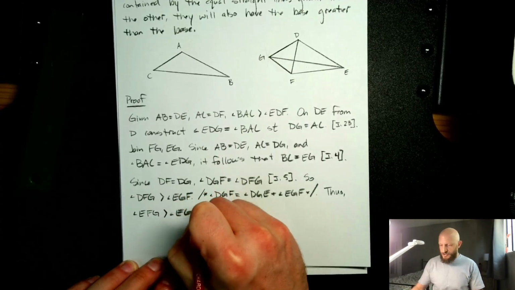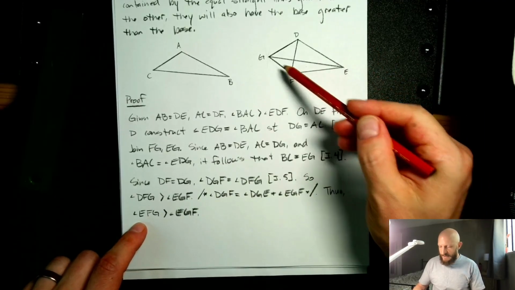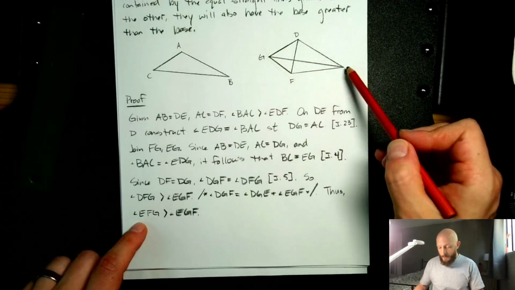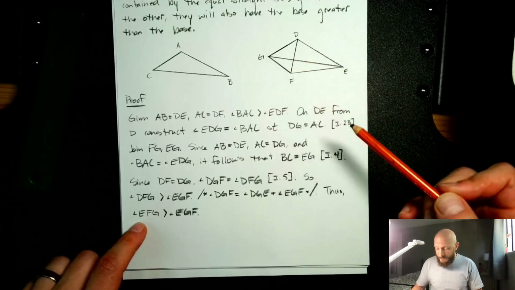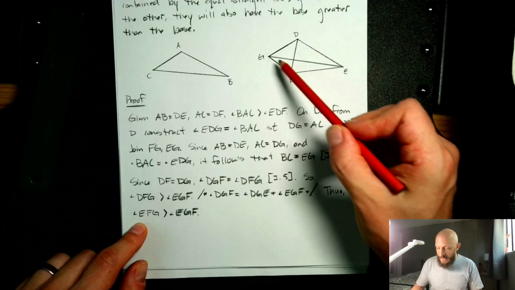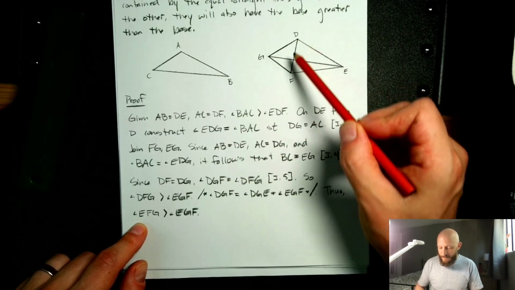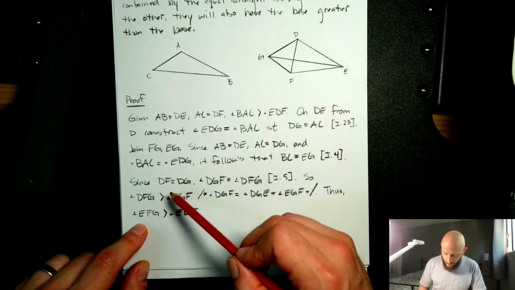And why is that true? EFG is greater than EGF. Well, probably because we could say that EFG is equal to EFD plus DFG, and we just said something about that. So I'll write that out.